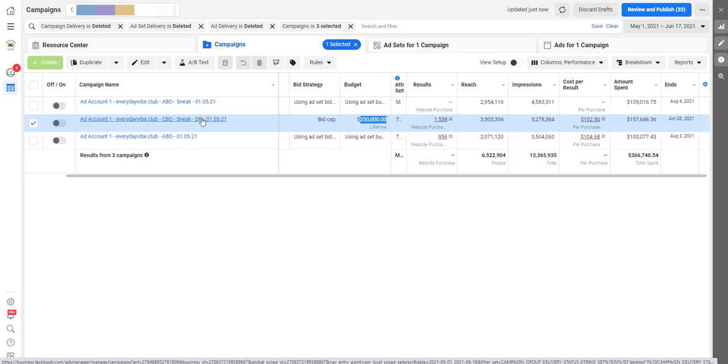So once we've got enough data from our ABO and from our ABO sneak, we can see exactly what time, what day of the week our conversions happen. So what we'll do is we'll basically just show our ads at those times and days. Instead of running our ads 24/7, we show at the best times to run, when our conversions are hottest.